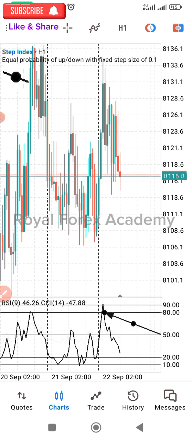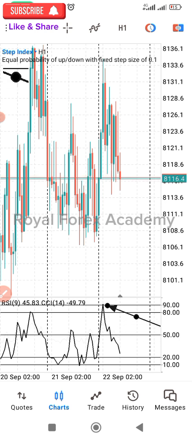But we don't just sell immediately. It's a combination with price action. We need a particular price action to give us a confirmation, which can be any of the candlestick patterns.